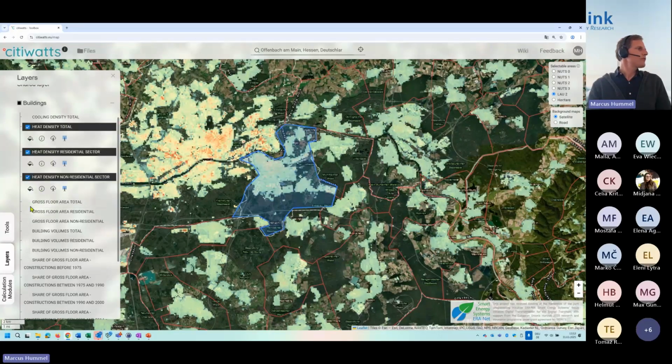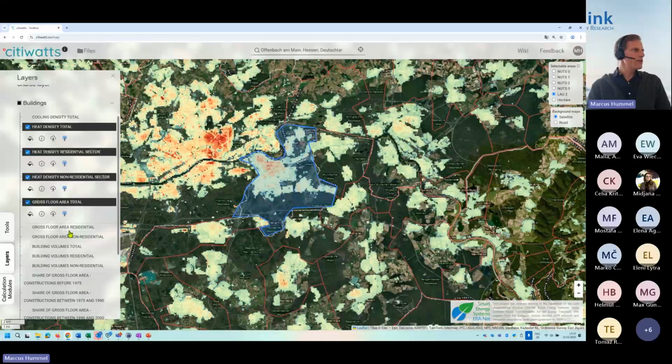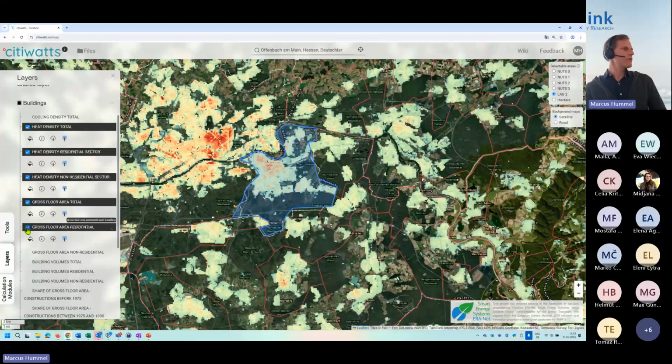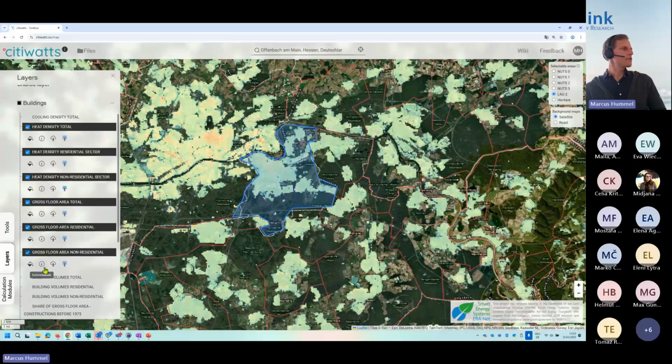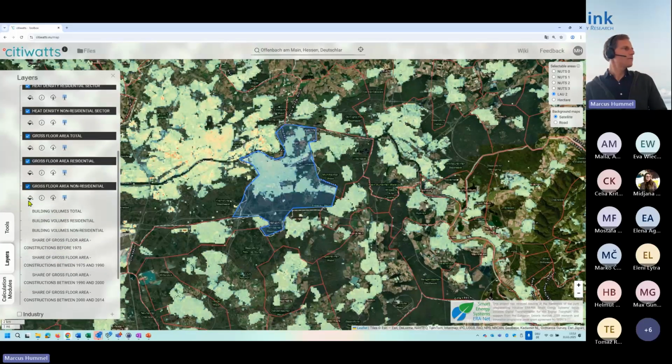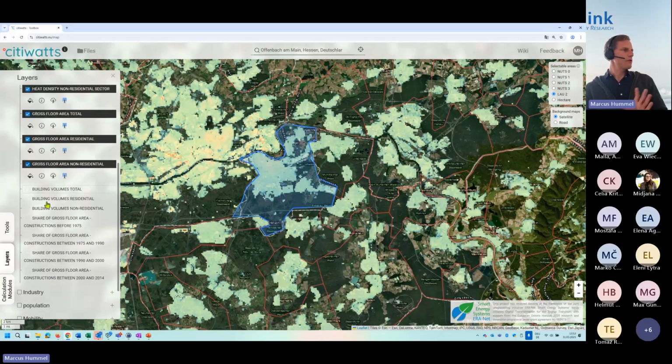Besides the heat demand, you have also the gross floor areas, again split, whether total, so in that total you have the total amount, all the gross floor area, but you can also see it separated between residential and non-residential. What you also have is building volumes, not going into detail right now.